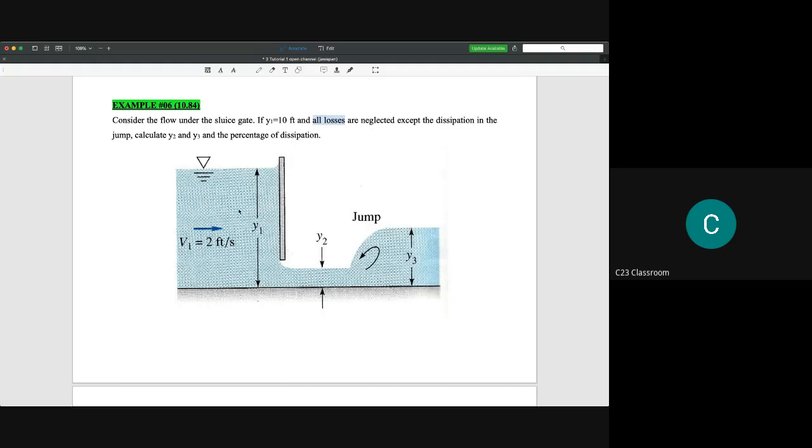So the energy is kept in ideal conditions. But in open channel here, we cannot neglect the energy losses regarding the existence of the hydraulic jump. So that's why it's written here, except the dissipation in the jump. So when you have a hydraulic jump, there is energy loss.